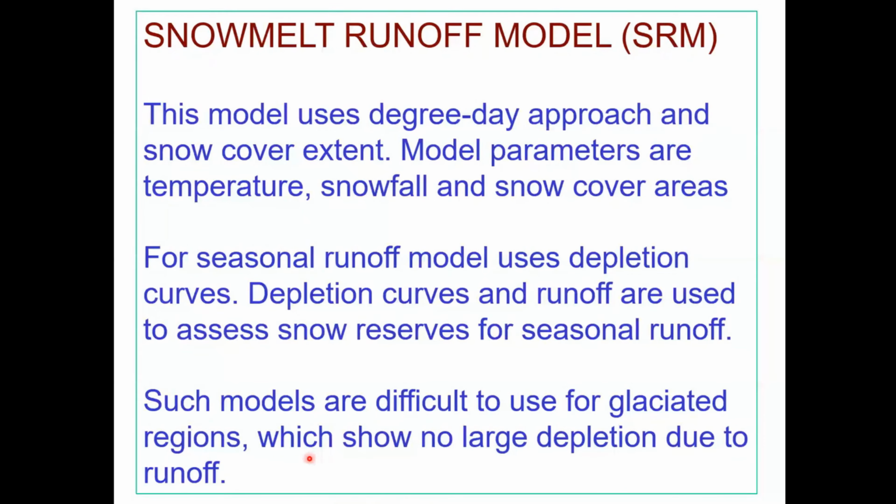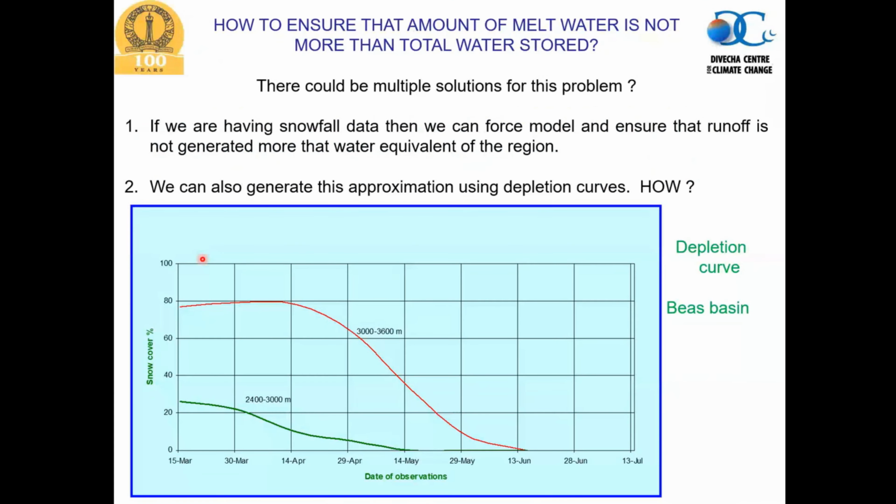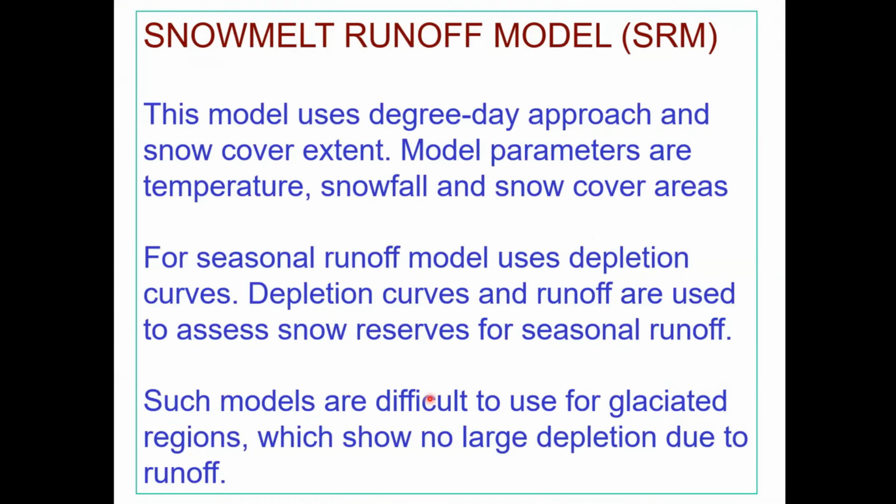So the concept in this model, as you saw in the previous slide, is that you require the depletion of snow. That means the snow area has to be reduced, and then it is used for water balancing or to estimate the amount of runoff which is going to come from that. However, the glaciated area is not going to change that much seasonally.